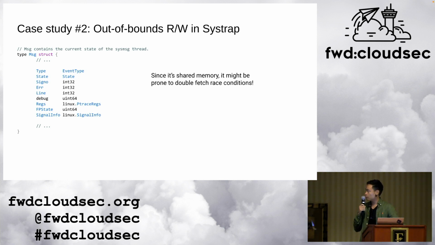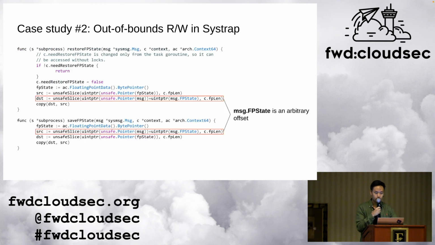So we went through all of these members of this sysmessage struct, and we tried to find instances where changing the values could have led to unexpected behaviors. We couldn't find such double fetch issues, but we found out that one of the fields was used in an interesting way. Namely, there's some code that saves and restores the floating point state of the guest application.